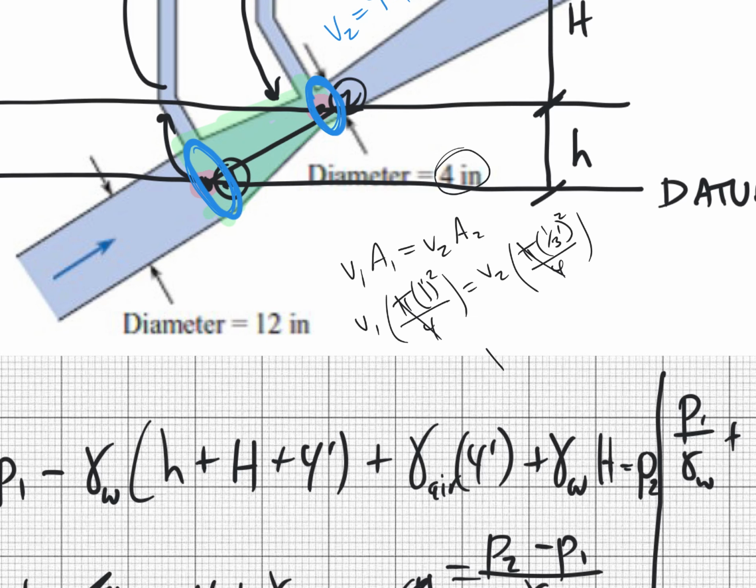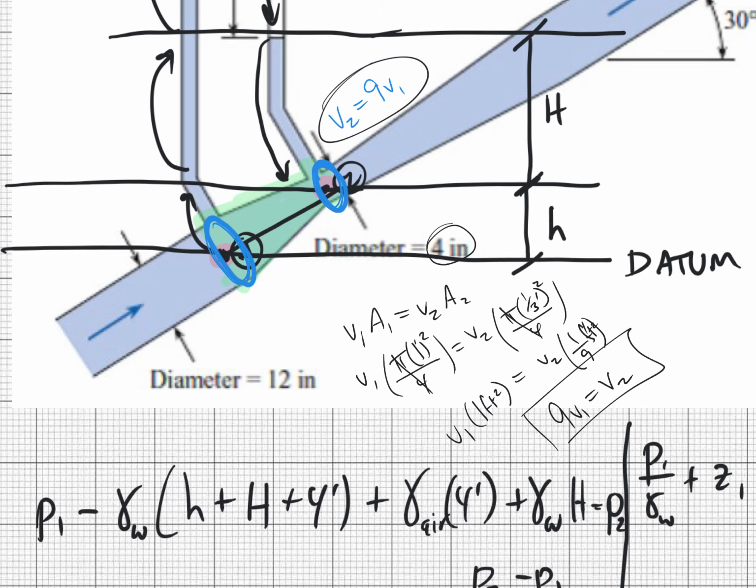So I've got 1 foot squared times V1 equals V2 times 1/9 of a foot squared. Rearranging, 9V1 equals V2, which is exactly what I knew right off the bat.